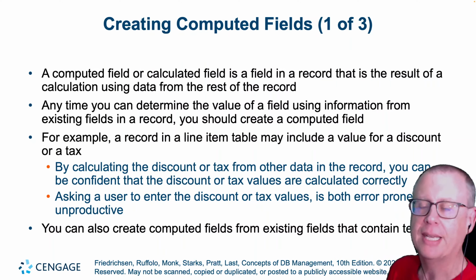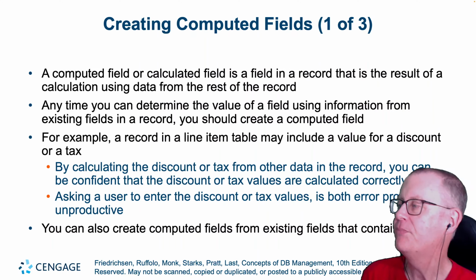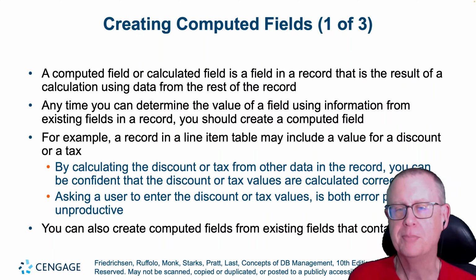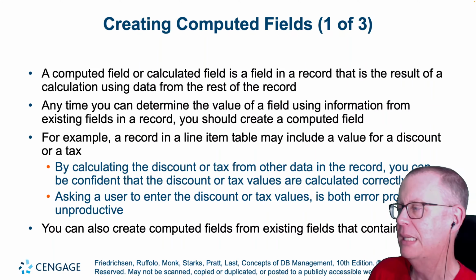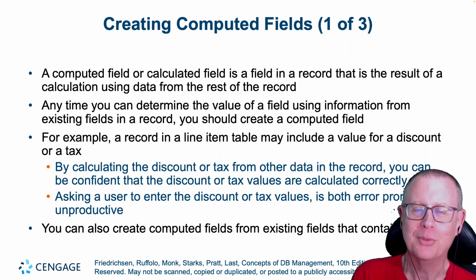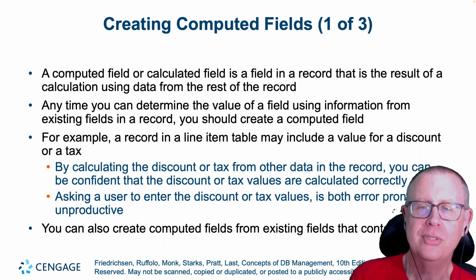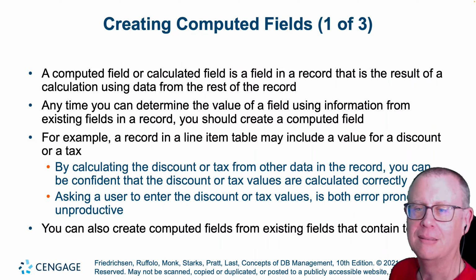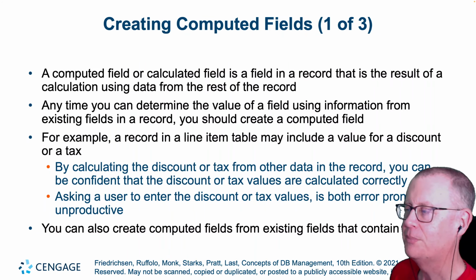Sometimes you need to be able to calculate fields, as I said earlier: sum, minimum, maximum. Maybe you want to calculate a discount based on the discount percentage. You want to try and avoid letting the user do that, because the user is probably prone to error, so you want to put that in the computer, in the database, rather than have somebody enter it.